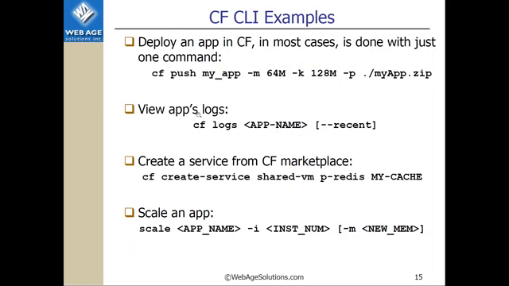Okay, so that's the first command. Next, viewing application logs. That's a way to dump the output from the system to your terminal. You just specify the app name, it would be my app in this case. You can tail it by specifying the recent flag.